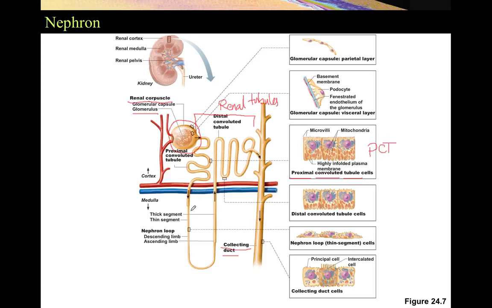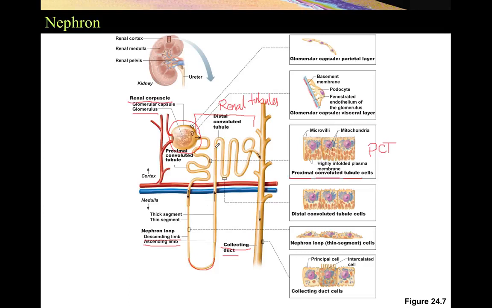Then your fluid starts to move down, right? So this part as fluid moves down, we refer to it as what? The descending limb, because fluid is moving downward. You're going to loop, so this is your loop, and then your fluid starts to move upward, so we refer to this as the ascending limb of the nephron loop.